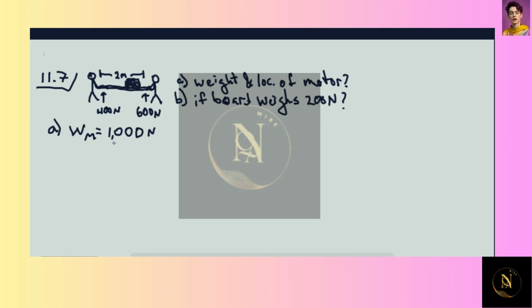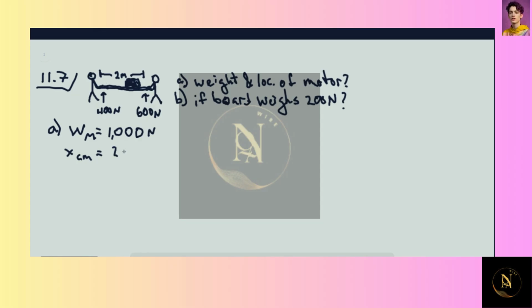And so the location of the center of mass is, we take the 400 Newton side to be the axis about which it would be rotating.